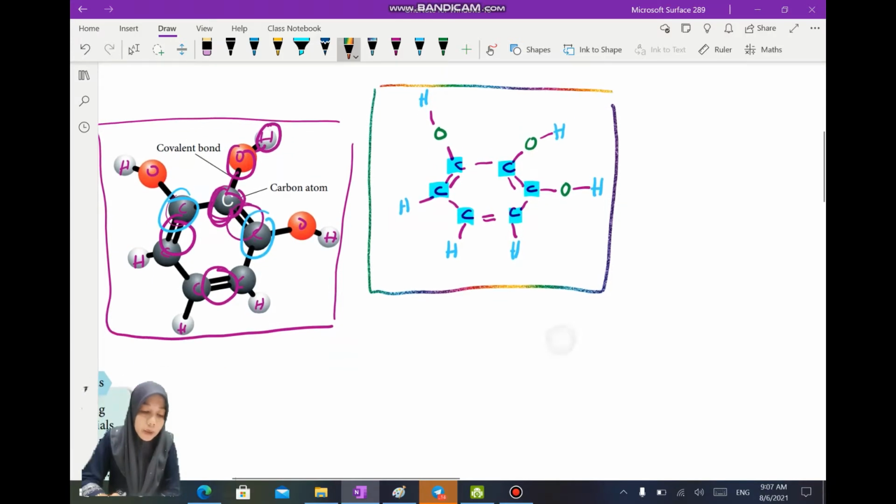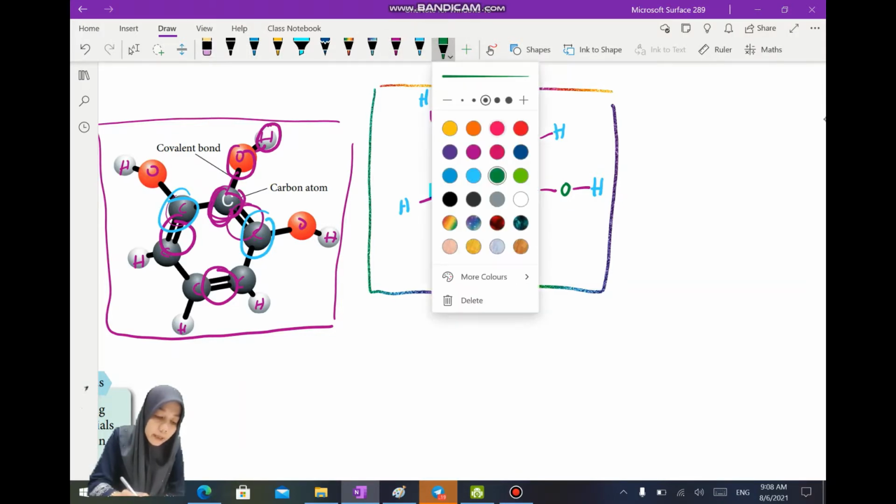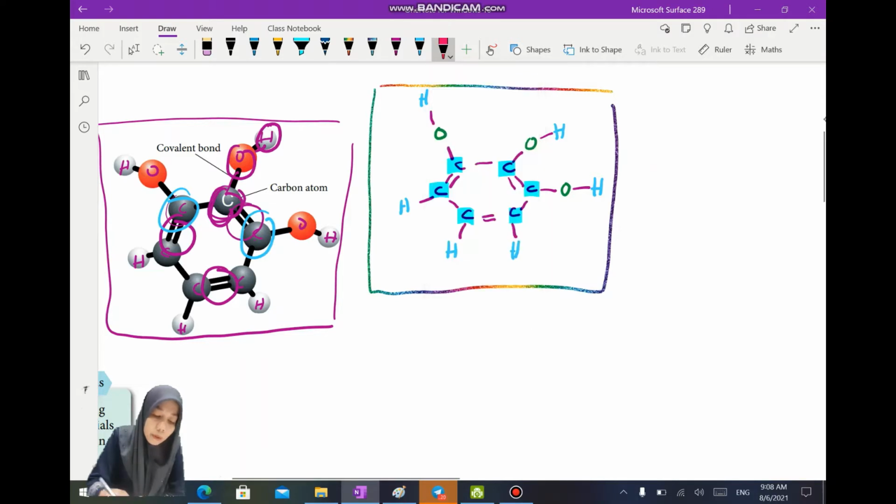Okay, look at here. Untuk atom C, dia mengandungi 4 ikatan. Untuk atom C, dia mesti terikat kepada 4 bond.